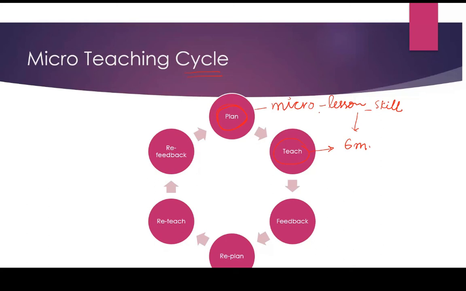Then after the 6 minutes, you are given feedback by whom? By the supervisor and by the peer group, and peer group means the observers, right? The duration of the feedback is also 6 minutes.